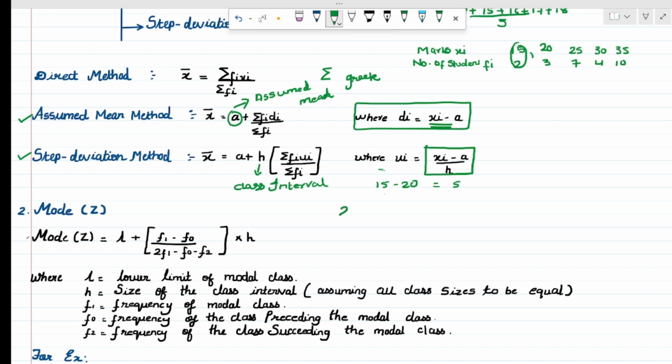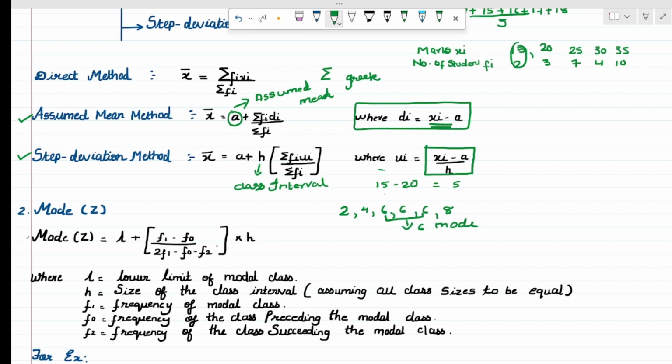For example, we are given 2, 4, 6, 6, 6, 8. In this case, you can see that 6 is repeated multiple times. So the observation which is repeated most often in an ungrouped data is called the mode of that data. So here 6 is the mode, but this is for the small scale.